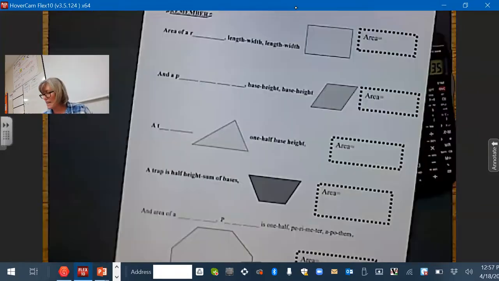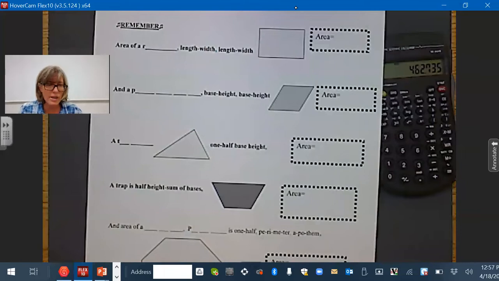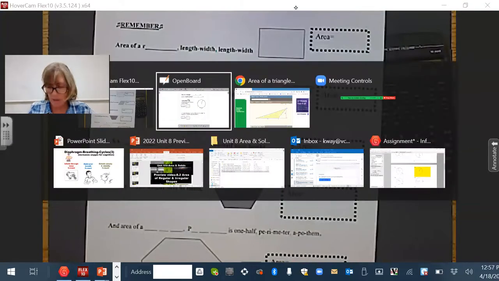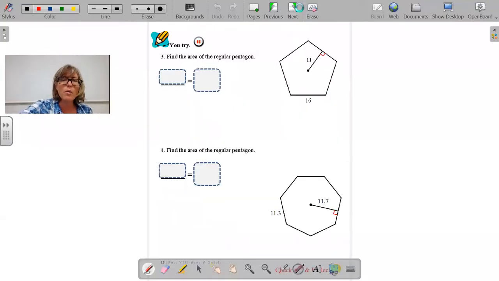There is a lot to memorize for this unit, a tremendous amount. So I have something here that might prove helpful in helping you memorize.